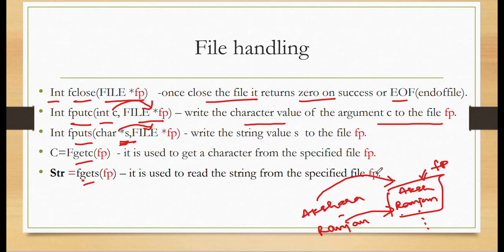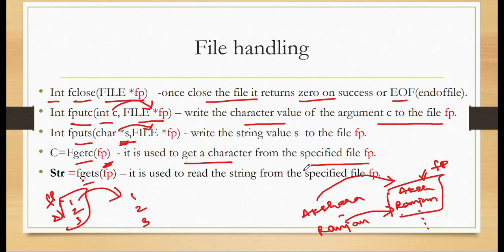The next one is fgetc. If I want to read from the file, that is fgetc. If I want to get only one character, from the file pointer I get the value and print it on the monitor, or you can use it for any manipulation. fgetc(fp) is used to get a character from a specified file pointer.